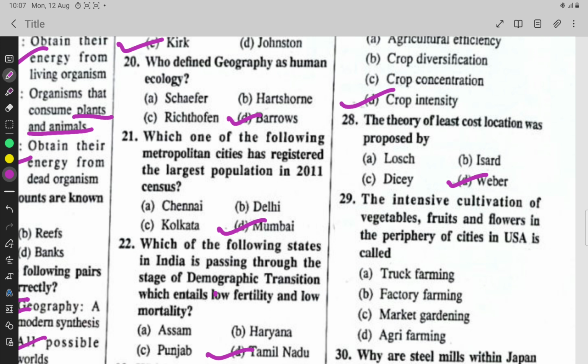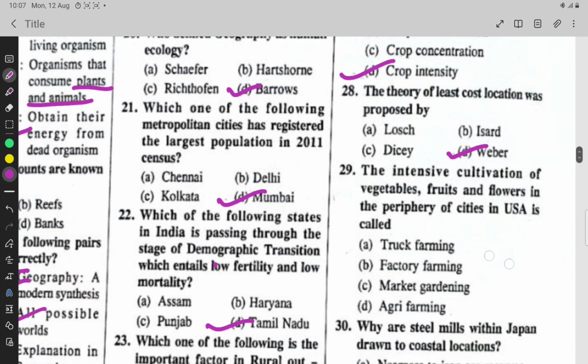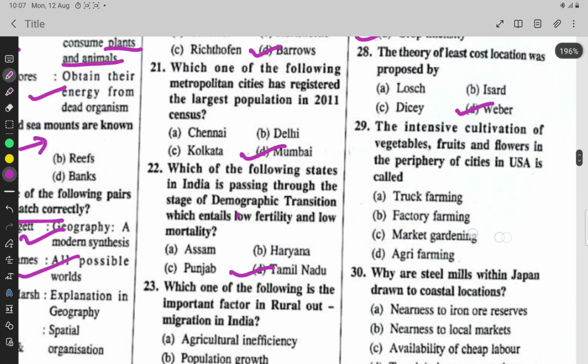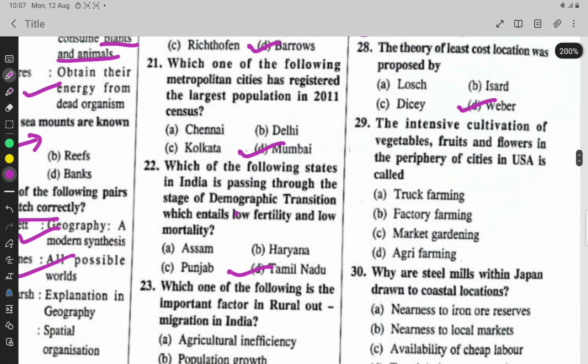The intensive cultivation of vegetables, fruits and flowers in the periphery of cities of USA is called truck farming, market agriculture. Truck farming, for perishable goods.